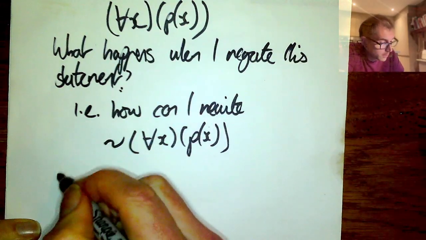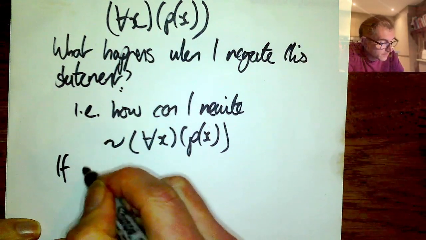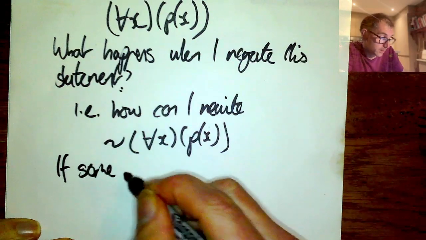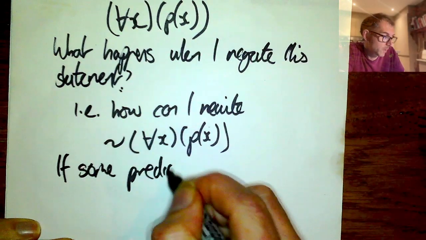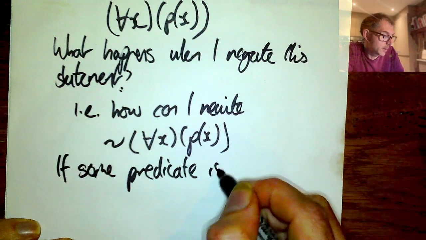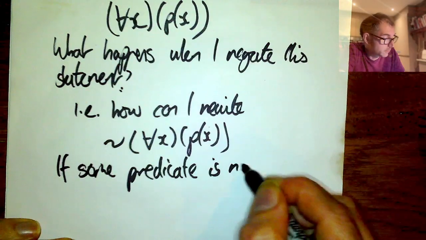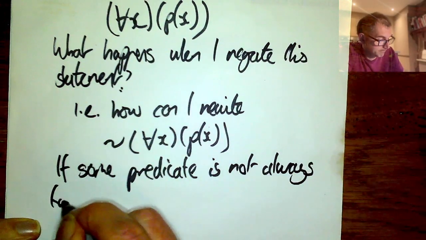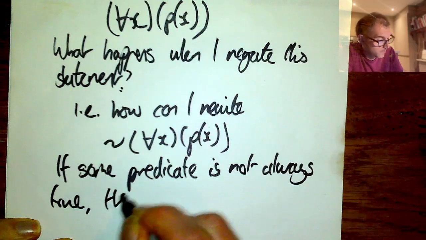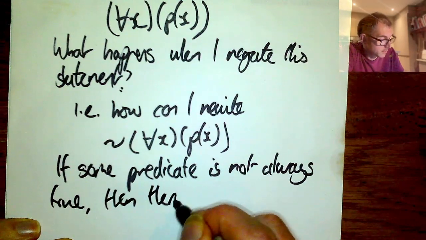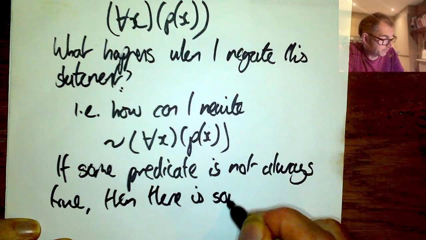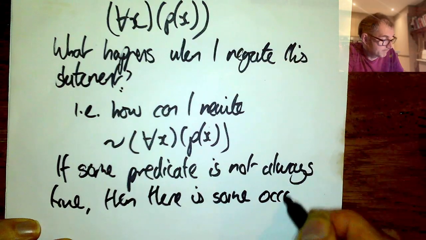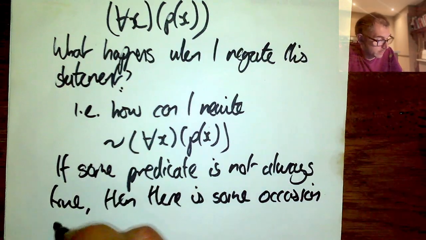So if some predicate is not always true, then there is some occasion where it is false.